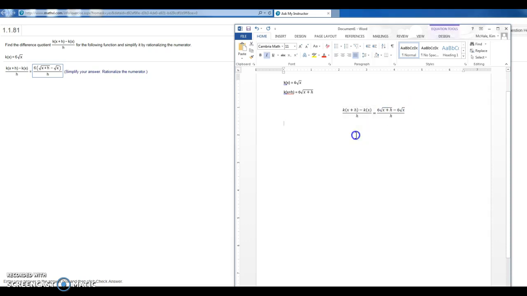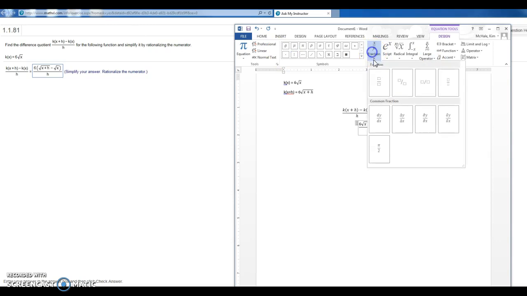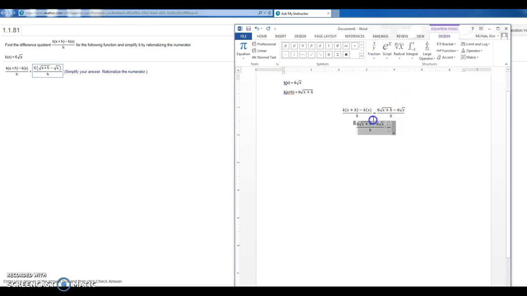Let me copy this. I'm going to multiply it right now. So that's going to be times, and I'm going to copy this so I don't have to retype it over and over, this numerator over itself, but with the sign changed, because that is how you rationalize, if you remember that from previous class.